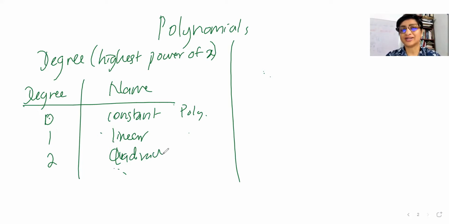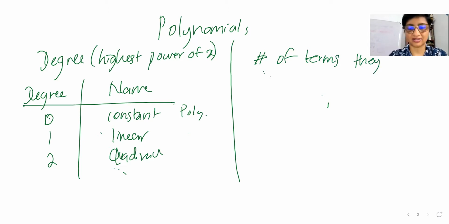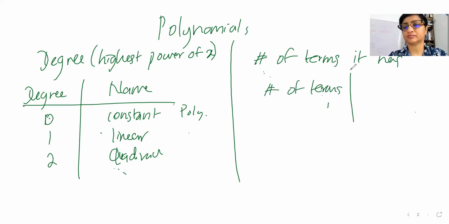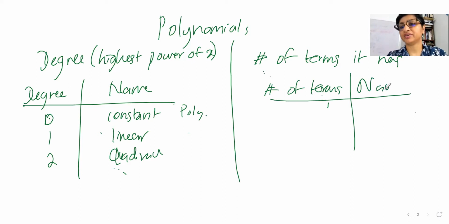You can also name polynomials depending on the number of terms they have. So, number of terms and the name. A polynomial can't have no terms.